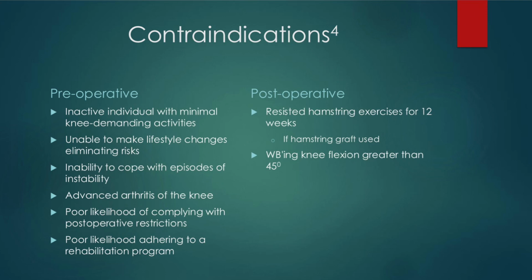Post-op, you shouldn't do any resisted hamstring exercises for 12 weeks, especially if you use the graft from the hamstring. And you should not have any weight-bearing knee flexion greater than 45 degrees in the maximum protection phase.